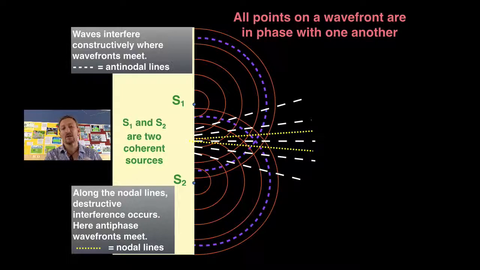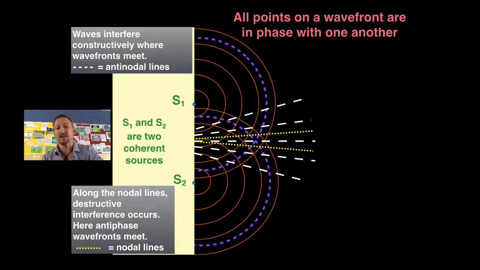Now the yellow hatched lines show the positions where this will occur. And the result of that is that you're going to get diminished amplitude, destructive superpositioning. Now you can see if you follow the yellow line, you'll get 2 areas where you've got the purple hatched line crossing with an orange wavefront.